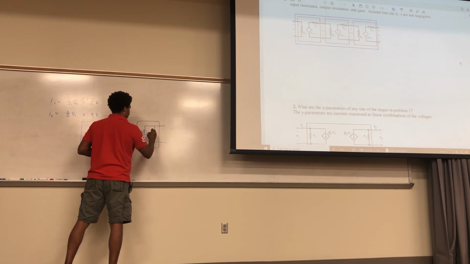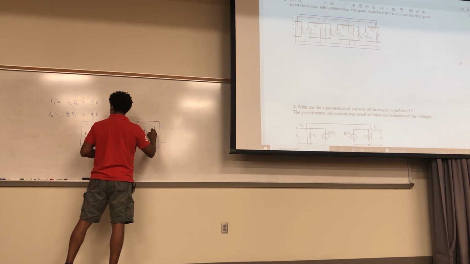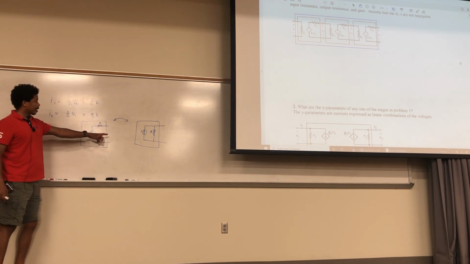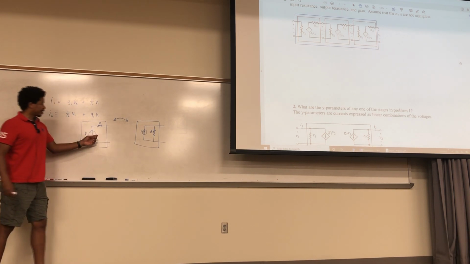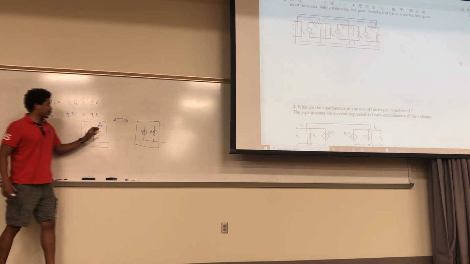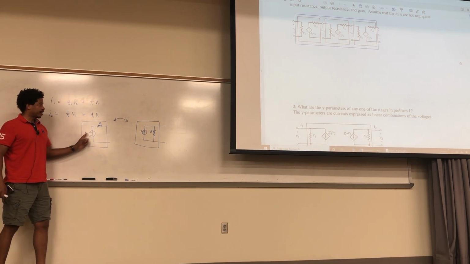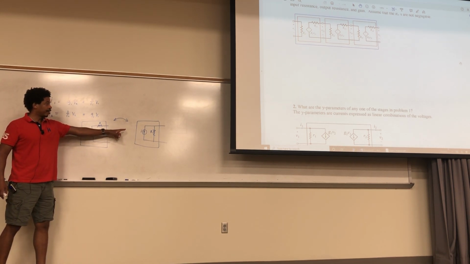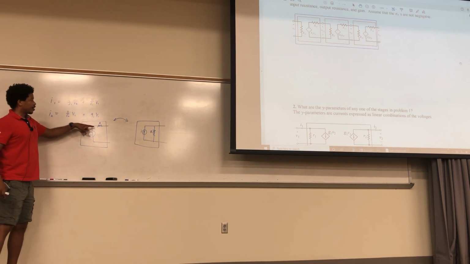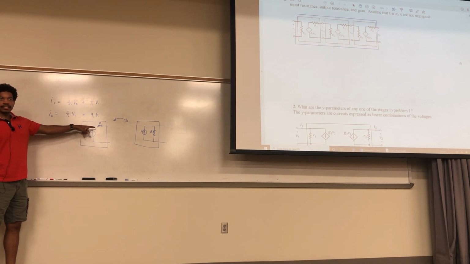That's I, and this R. But the trick is you have to determine what I is from this. Or if you're starting here and going this direction, you have to determine what V is according to that over there. Okay, so you're going to start here or there. You can see that the resistances are the same.